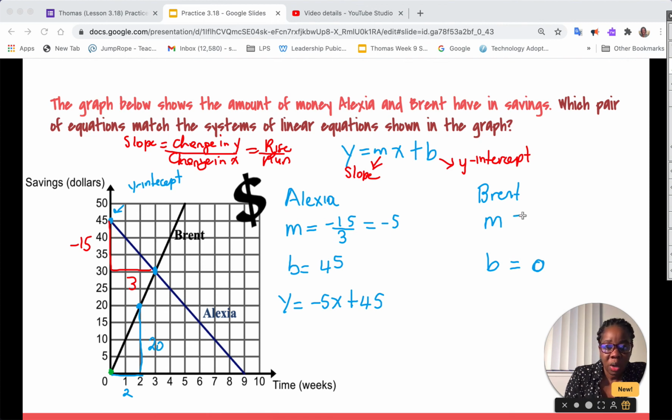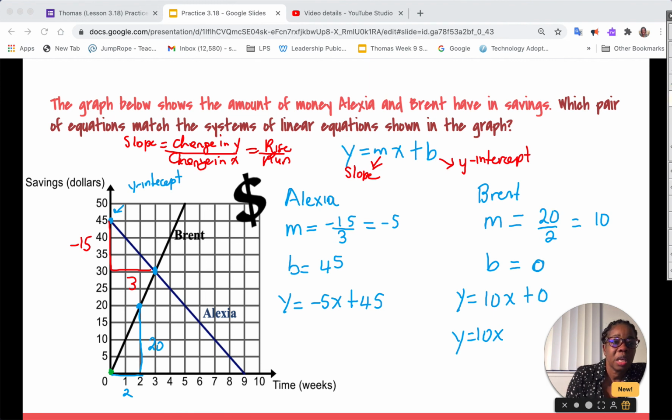So my slope is going to be 20, y goes on top, over 2, which when simplified becomes 10. That therefore means that the equation for Brent's line is y is equal to, what's my slope? 10x plus b. B is 0. When it's 0, we generally do not write anything, so it's going to be y is equal to 10x.